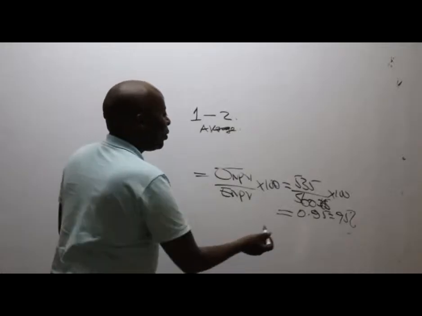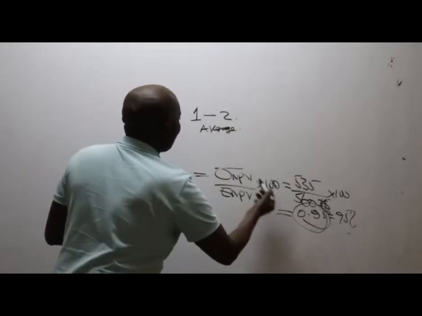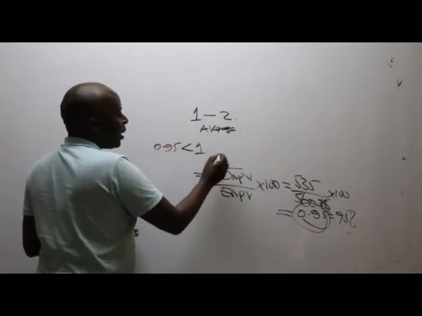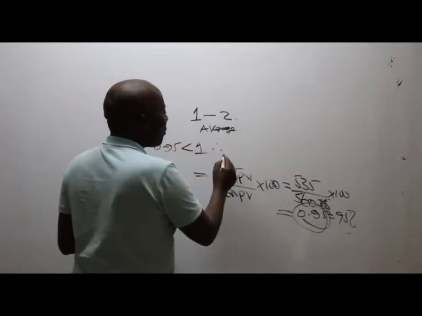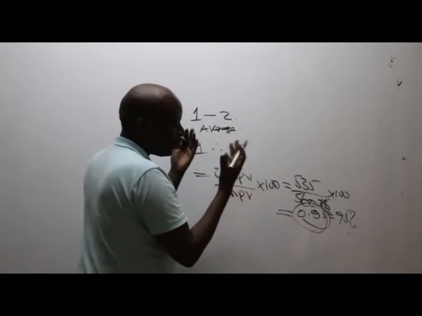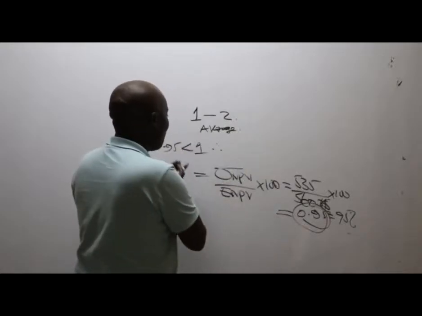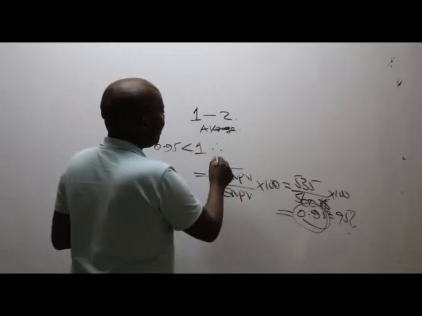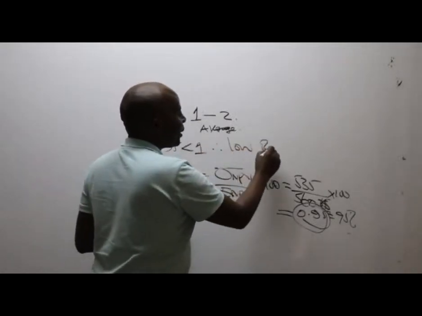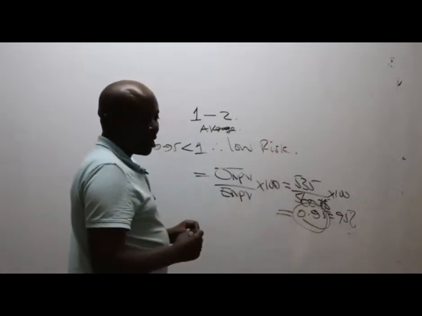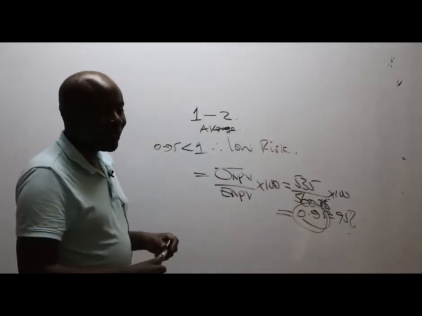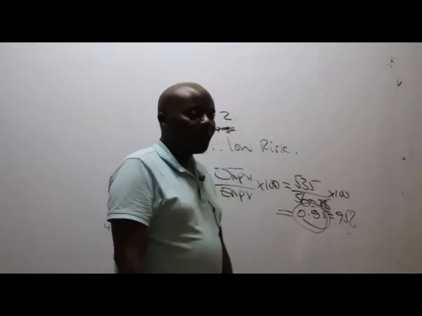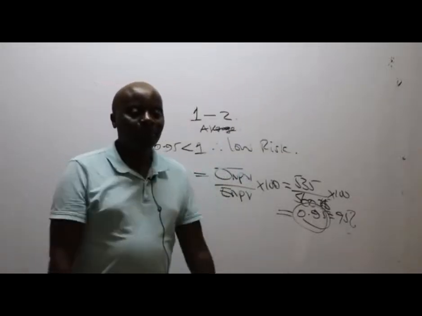But look at the one that you have obtained here, 0.95. 0.95 is less than 1. Meaning that our project, regardless of the fact that 95% is so high, but given what they have told us, 0.95 is on the left of 1, meaning that our project is a project which is low risk. Is that okay?